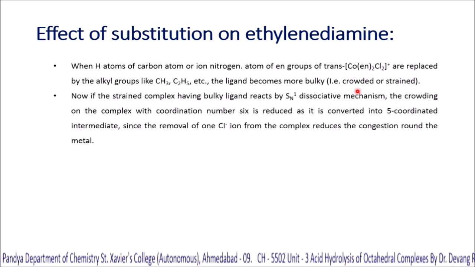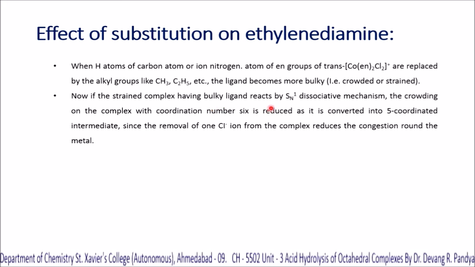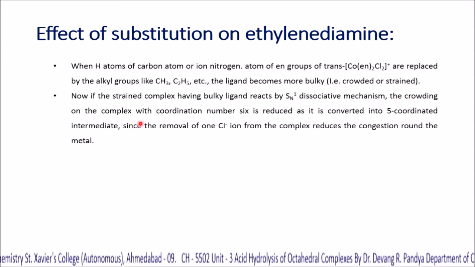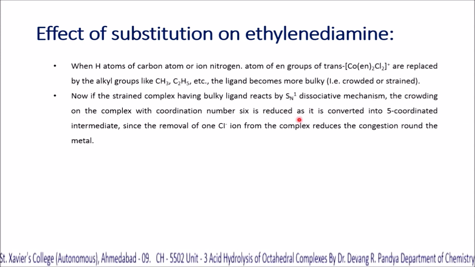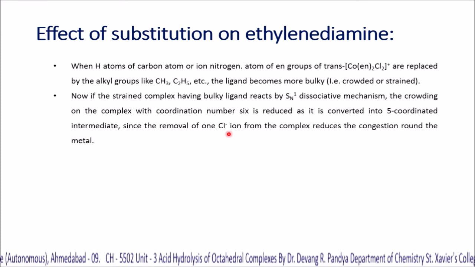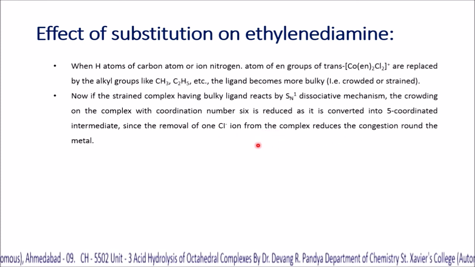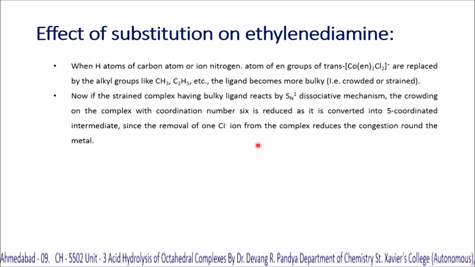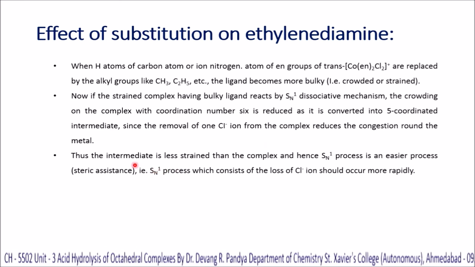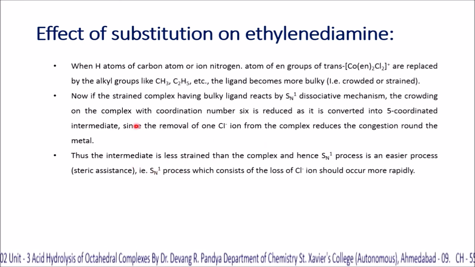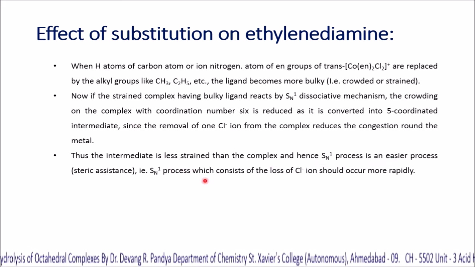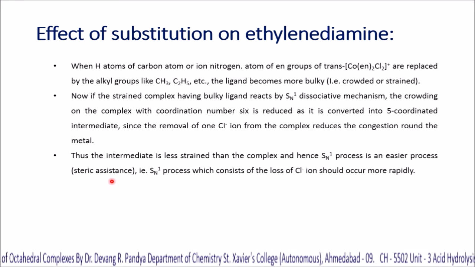As a result, the strained complex having bulkier ligand undergoes the SN1 dissociative mechanism. The crowding on the complex with coordination number 6 is reduced by converting into a penta-coordinated intermediate. Hence, the removal of one chloride from the complex reduces the crowding surrounding the central metal ion, and gives little stability to the intermediate, and the intermediate is less strained compared to the main substrate, and hence the SN1 process is an easier process, and that is assisted by the steric hindrance.